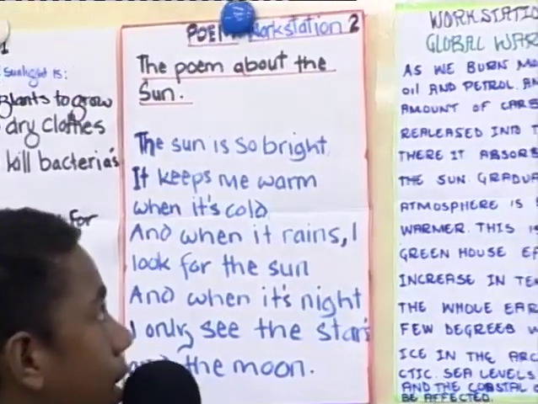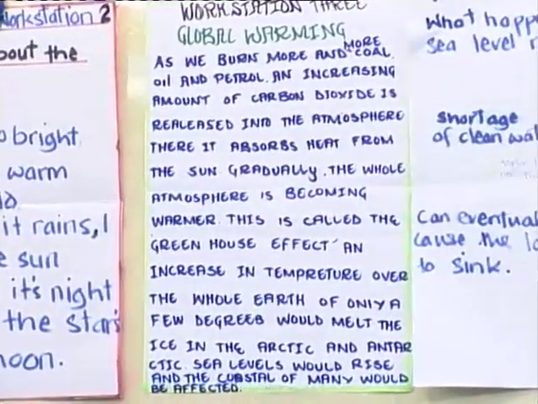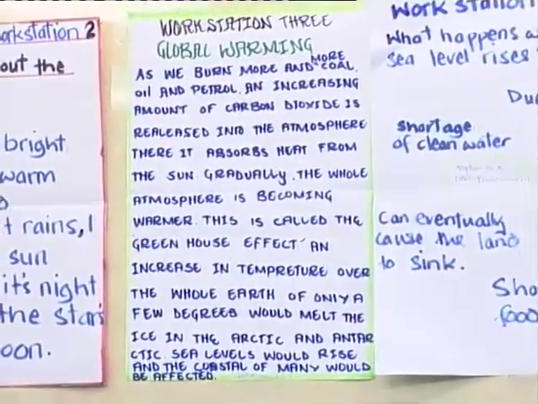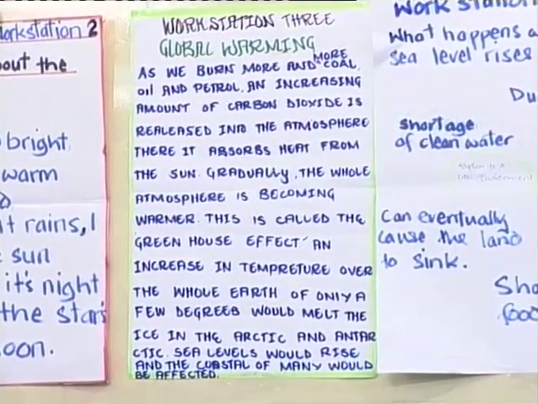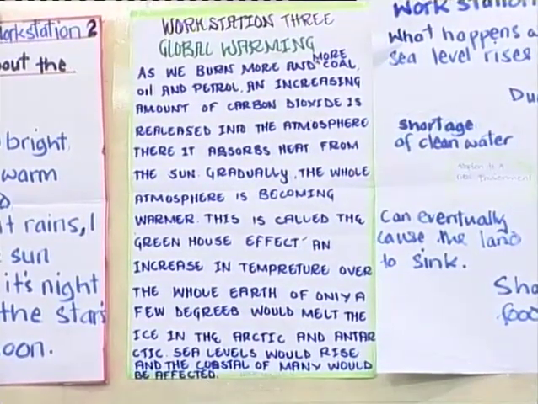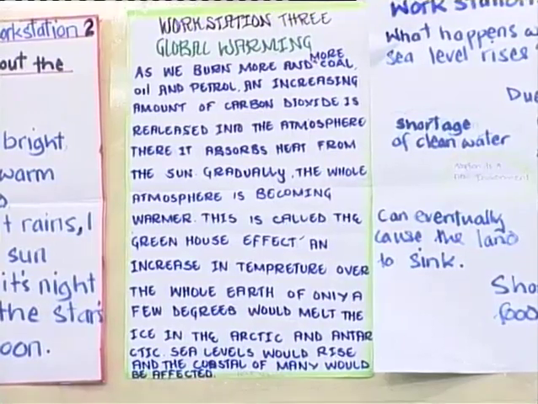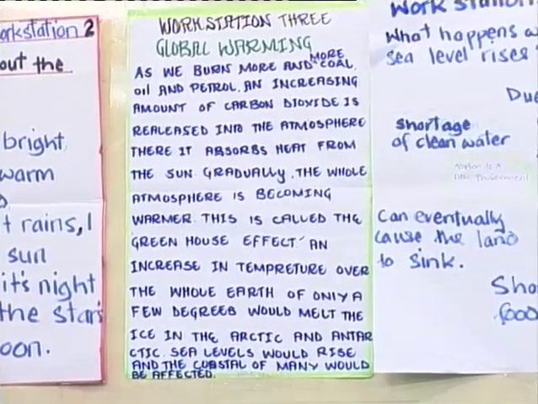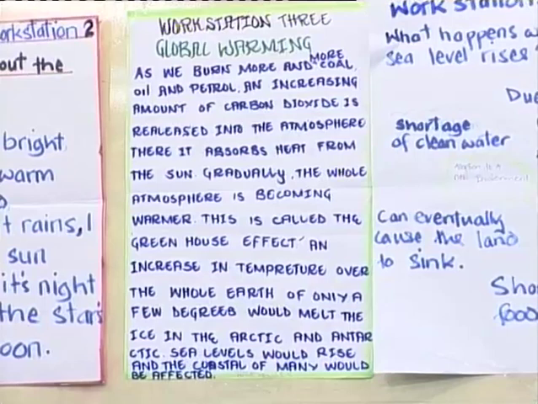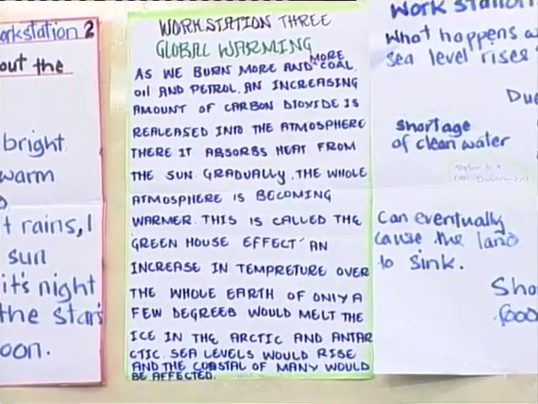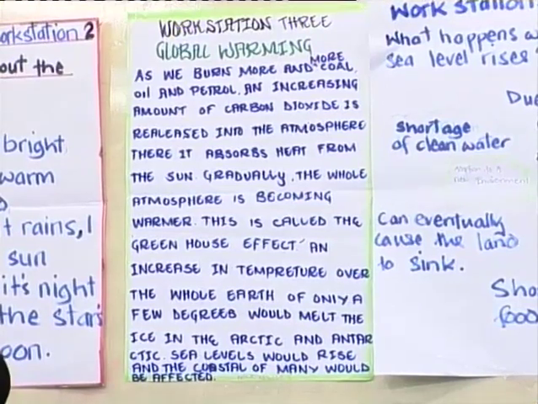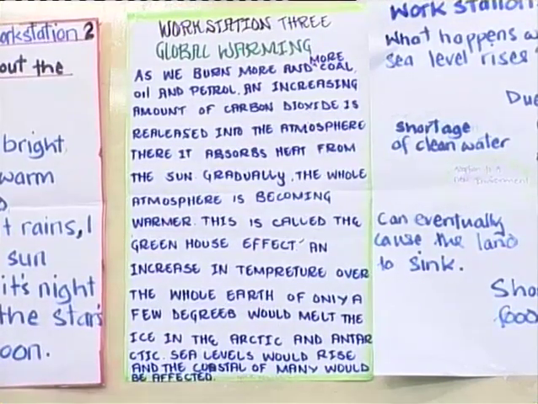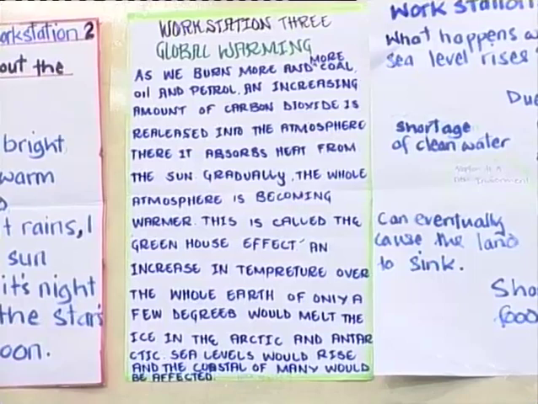Global warming. As we burn more and more coal, oil, and petrol, an increasing amount of carbon dioxide is released into the atmosphere. There it absorbs heat from the sun. Gradually, the whole atmosphere is becoming warmer.